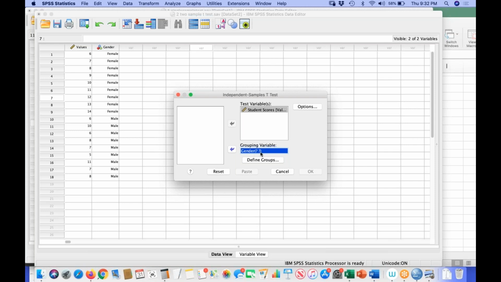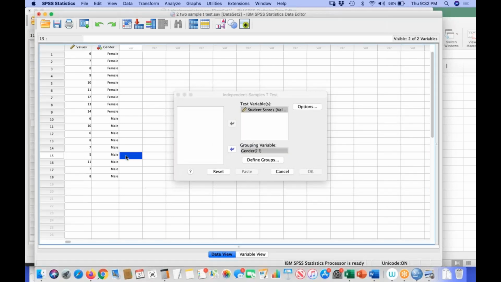Now notice it needs me to tell it what numbers are present that I need to work with, 1 and 2. It should be able to figure that out since that's all there is, male and female or 1 and 2.